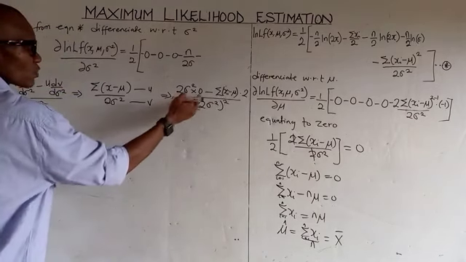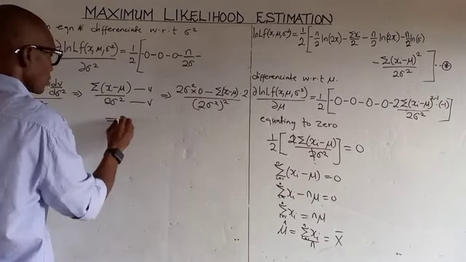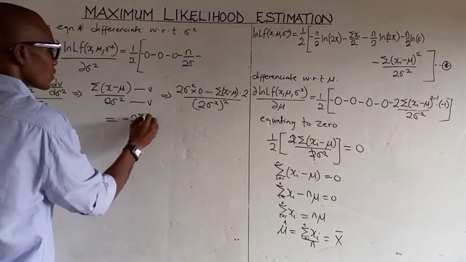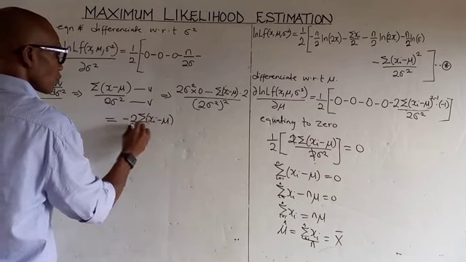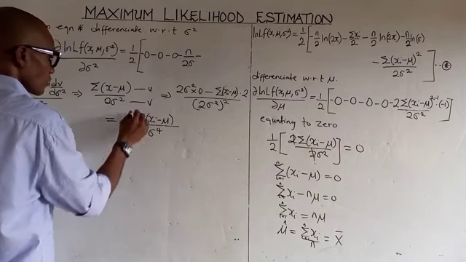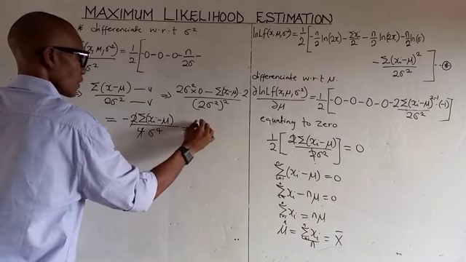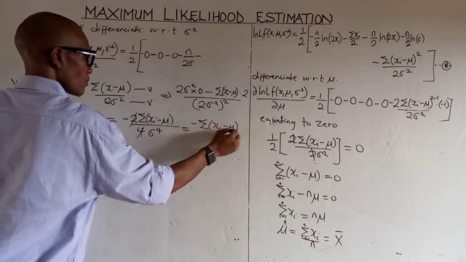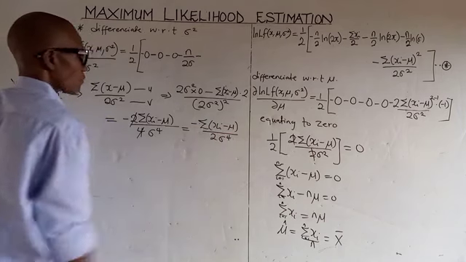If we rearrange it, this is 0, this is minus 2 sigma xi minus mu all over 4 sigma 4. So this will cancel this to give us minus sigma xi minus mu all over 2 sigma 4.